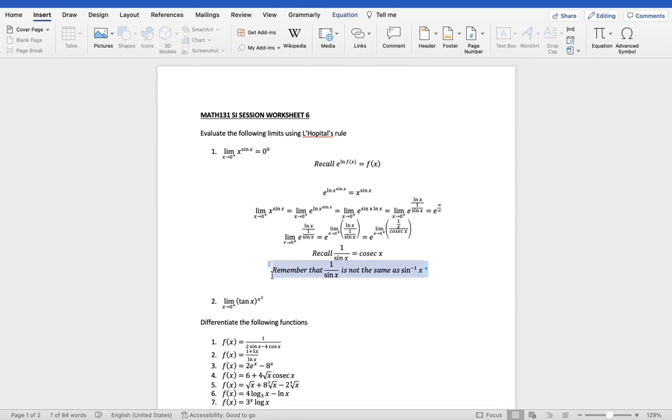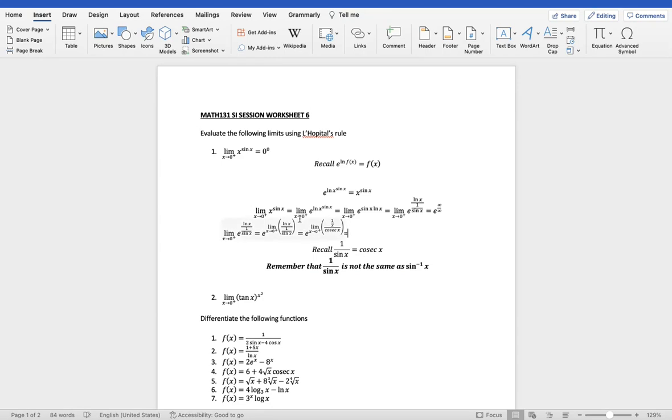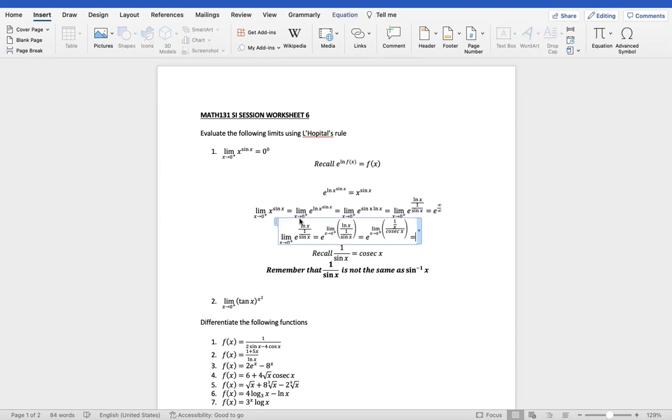Remember that you guys need to be aware of these rules, these small derivatives, quickly, because when you're in a big test or in an exam, you need to work fast. You're working based on time, so it might be in your best interest to know these derivatives by heart.